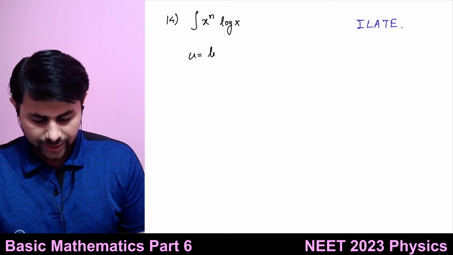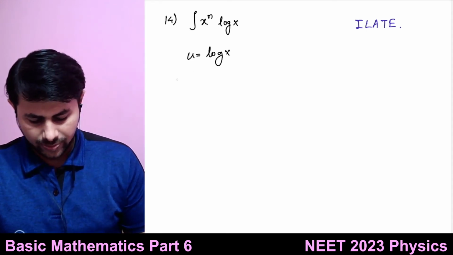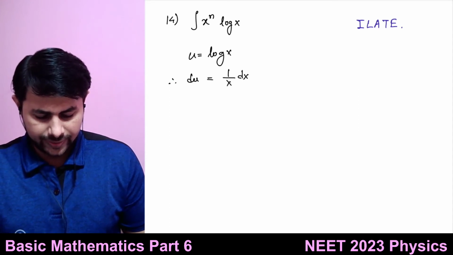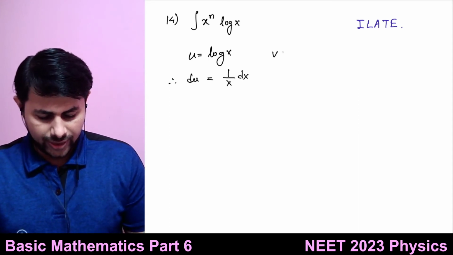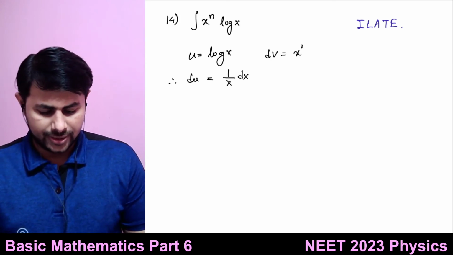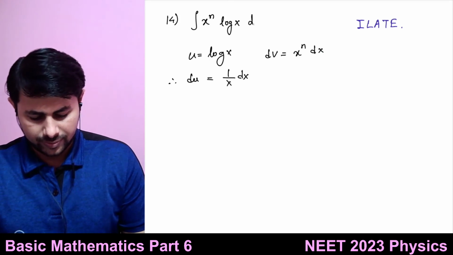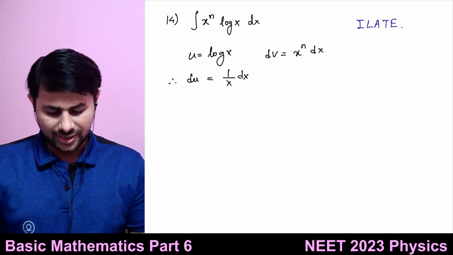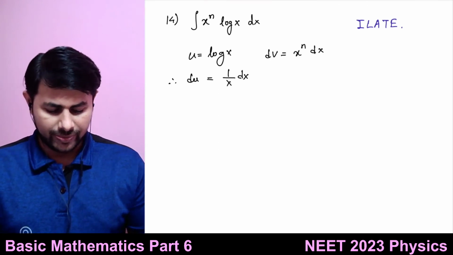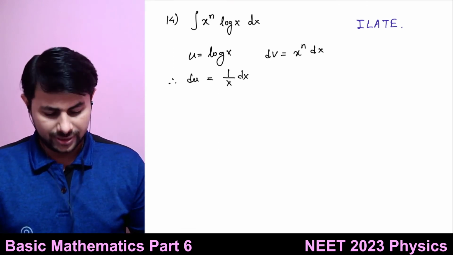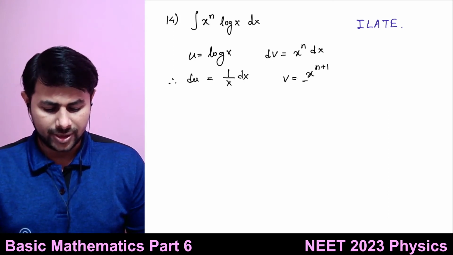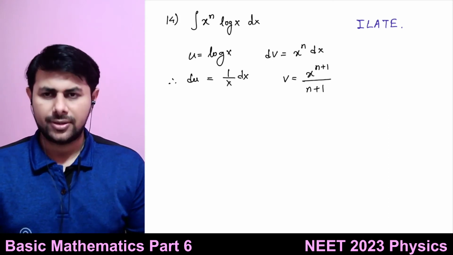Therefore, du equals 1 upon x dx, and dv equals x raised to n dx. I forgot writing dx over here. So dv by dx is x raised to n. That means v is equal to x raised to n plus 1 upon n plus 1.